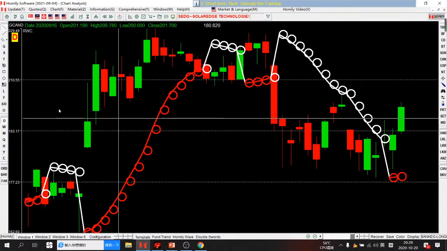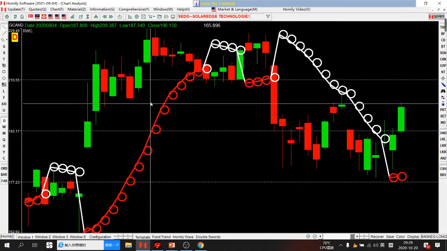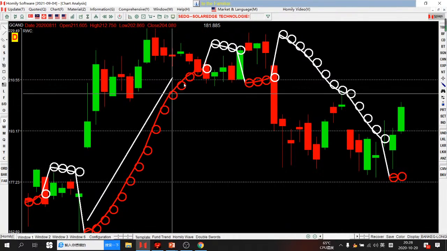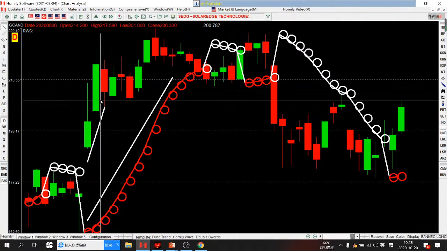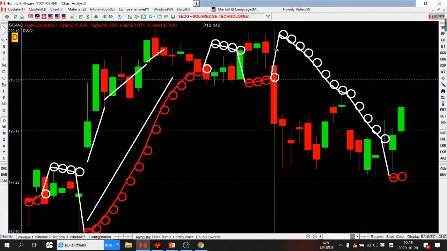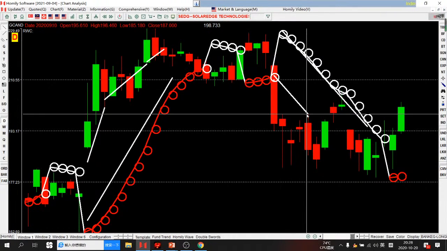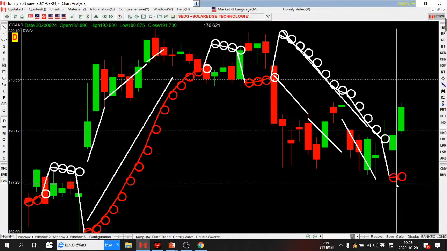So we can see, if the stock has a red circle here, then you can see the share will move higher and higher. When it is a white circle, the share actually moves lower and lower.